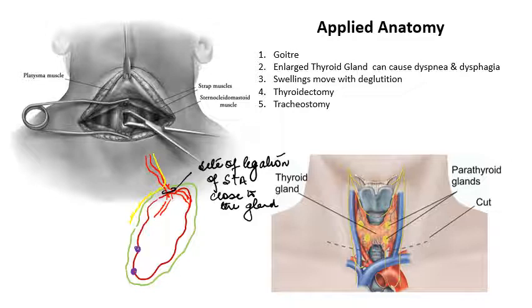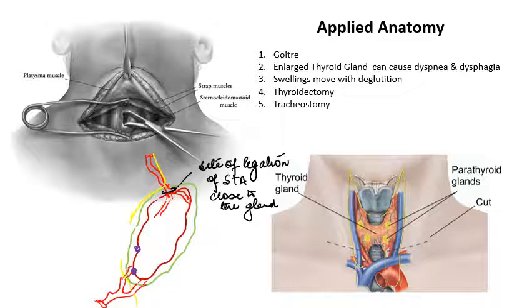The other case, the inferior thyroid artery. The inferior thyroid artery divided into its branches and then pierced the pretracheal fascia. So the recurrent laryngeal nerve runs in between its branches, anterior to it, posterior to it, or in between.